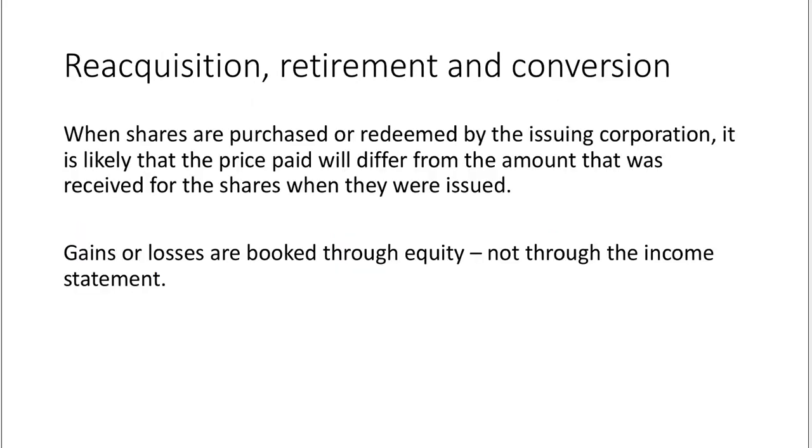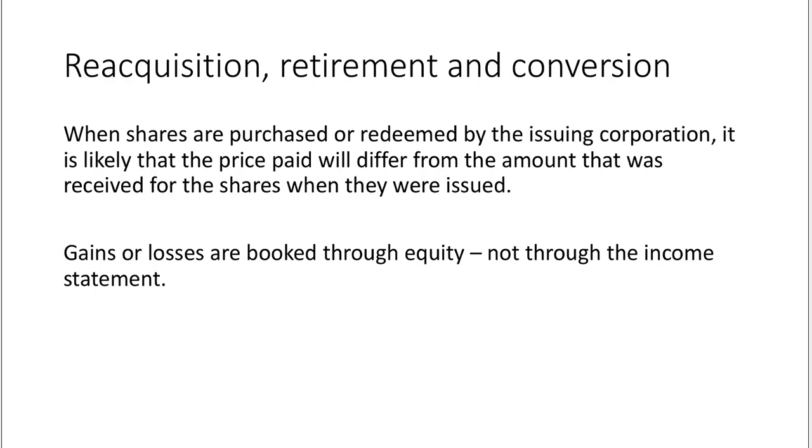Now, occasionally, corporations will retire or reacquire their shares, or sometimes they convert them. We saw that those were the types of things that were common as options with shares. So when shares are purchased or redeemed by the issuing corporation, the price is very likely to be different than what they were originally sold for.